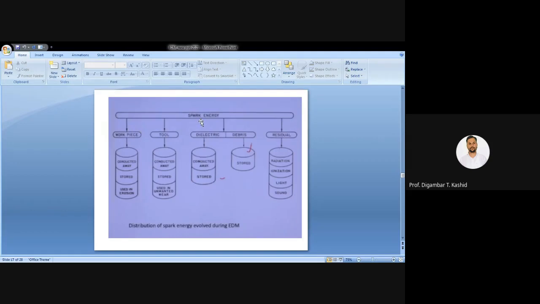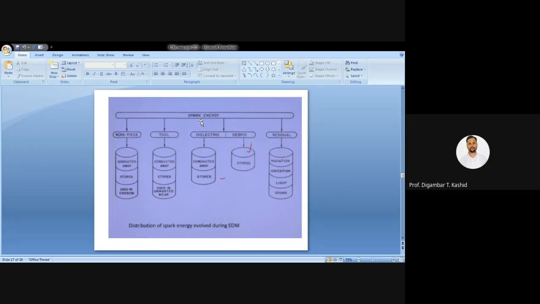When the spark is generated, heat is distributed like this. Some amount of heat goes towards the workpiece, is conducted away, and may be stored inside the capacitor and used in the erosion process.